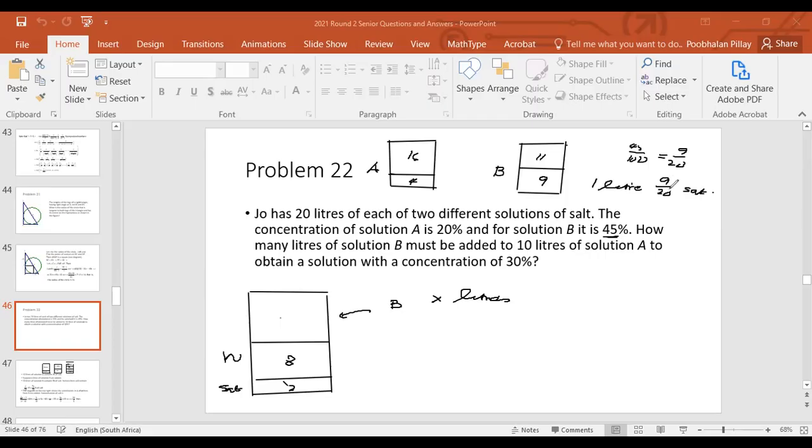So 9/20th liter will be salt, and the other 11/20th will be water, and that gives you 45%. That's 1 liter. Now we are moving X liters across, so the amount of salt you're moving across is 9x over 20. The amount of water you're moving across is 11x over 20. So I'm going to put that down here.